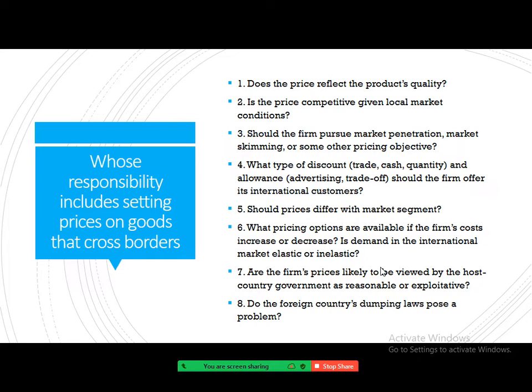However, when goods cross national borders, additional costs and expenses such as transportation, duties, and insurance are incurred. If the manufacturer is responsible for them, they too must be included. By adding the desired profit margin to the cost plus figure, managers can arrive at a final selling price.